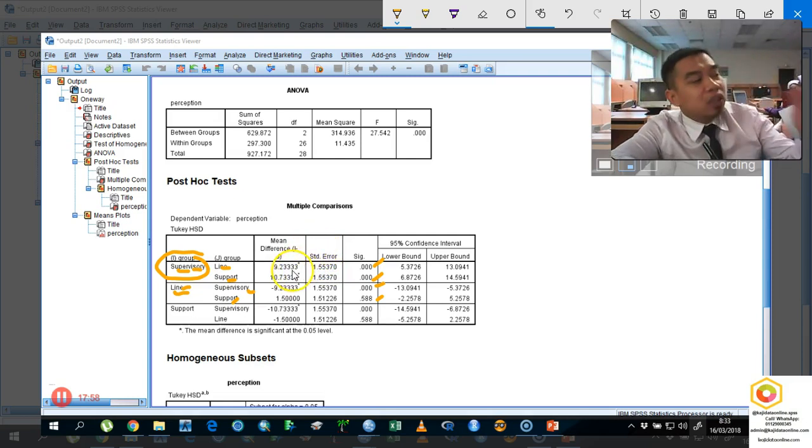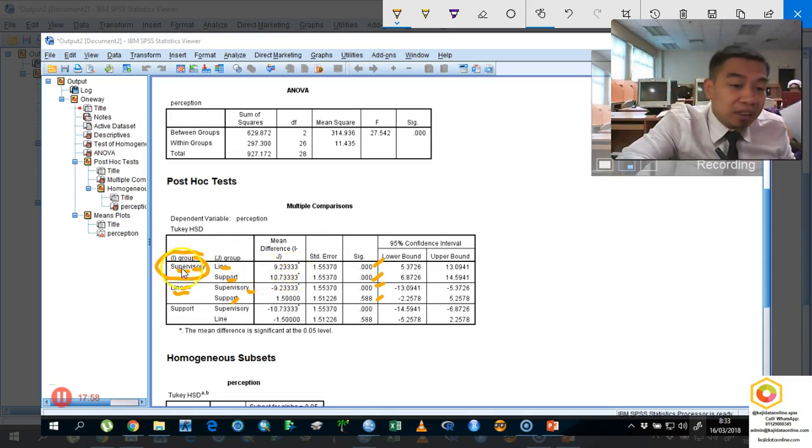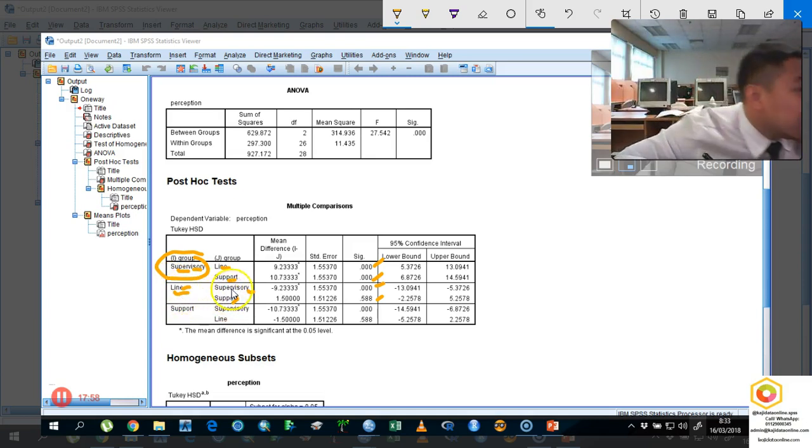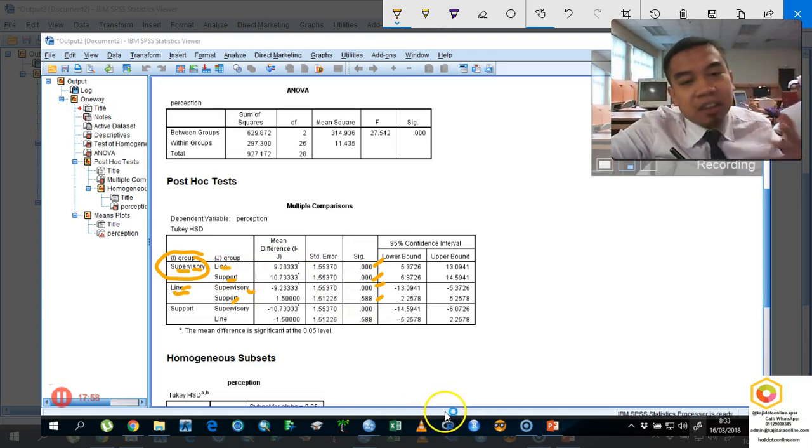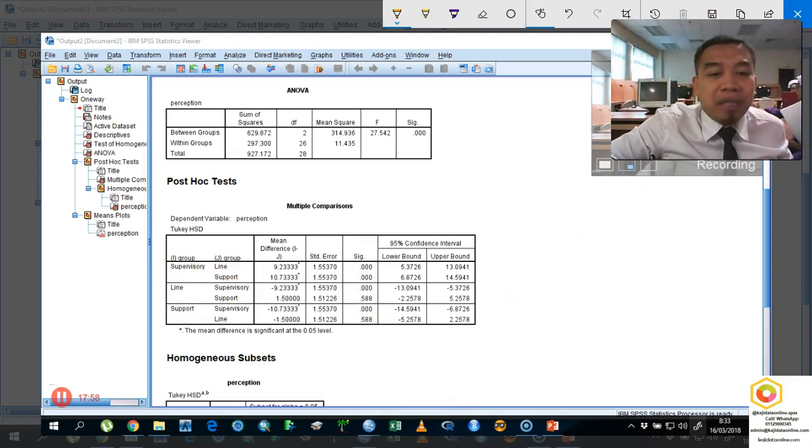But if we look into the comparative manner between two groups, we can see that supervisor differs with line and supervisor differs with support. Unfortunately, line does not differ with support. That means the line and support groups have similar perceptions towards the management.